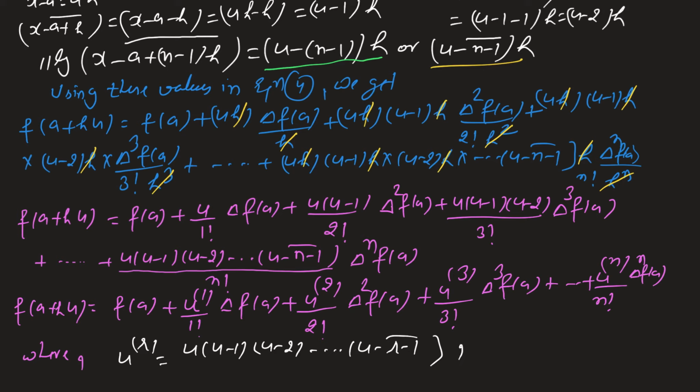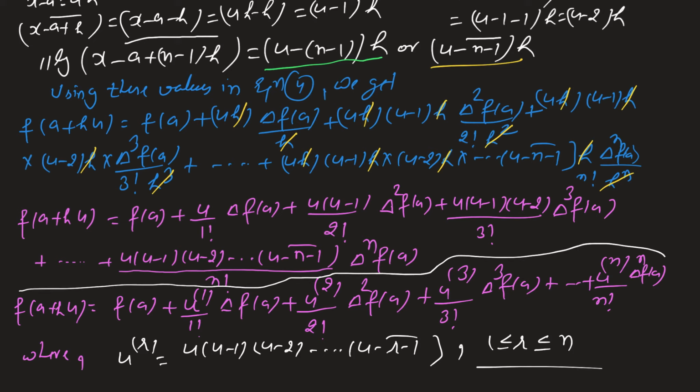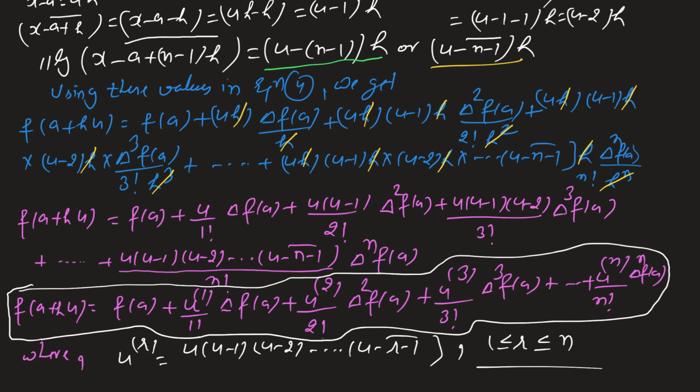Fine, and r is ranging from 1 to n, so this is in terms of u, this is Newton's Gregory forward difference formula.